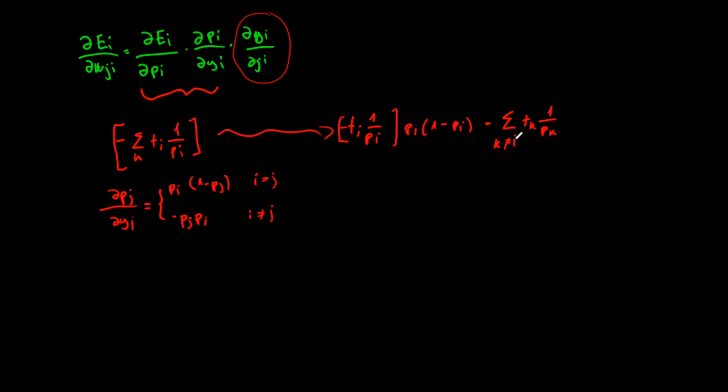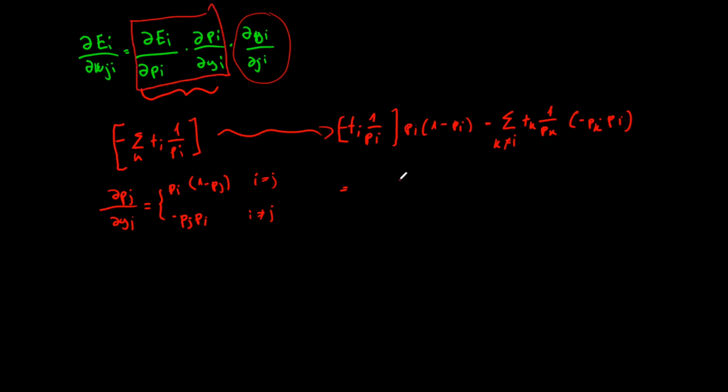And we are changing the indexes again to not get confused. Multiplied by minus p_k p_i. Now if we do this product, remember we are just computing this part. Then we will multiply by this.